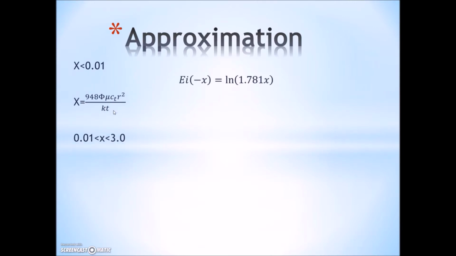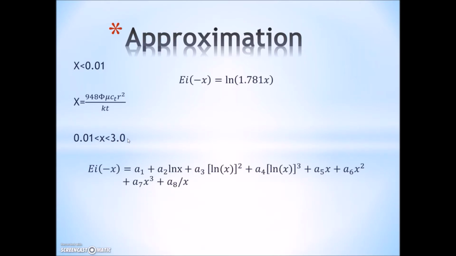And the second condition is when the value of x is between 0.01 to 3.0. In this case, the EI function is approximated by using this formula. As you can see, these A1, A2, and A3 coefficients have fixed values of their own.